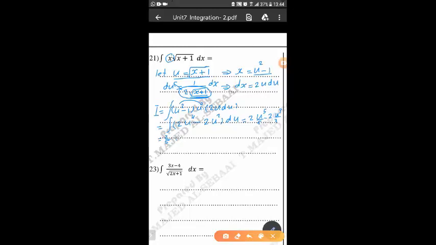It will be root x plus 1 all to the power of 5 minus 2/3 u to the 3. It will be root x plus 1 all to the power of 3.